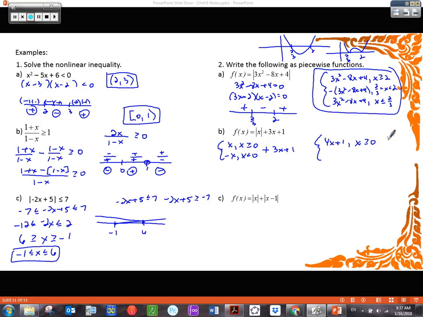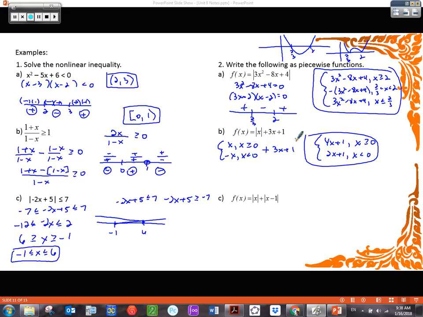I'm going to keep the same restriction that x is greater than or equal to 0. On the bottom branch, negative x plus 3x gives me 2x plus 1. And that's where x is less than 0. And that's basically what we would do when we have a mixture of an absolute value and a non-absolute value. Okay?